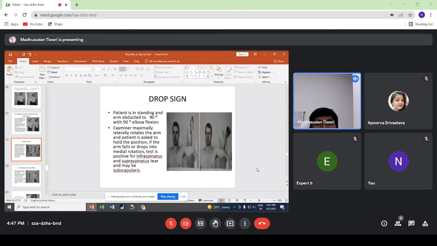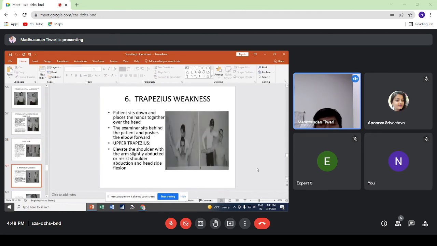Examiner maximally externally rotates the arm and the patient is asked to hold this position. If the arm falls or drops into medial rotation, the test is positive for infraspinatus and supraspinatus tear and maybe subscapularis tear. So this is again a test for rotator cuff injury.